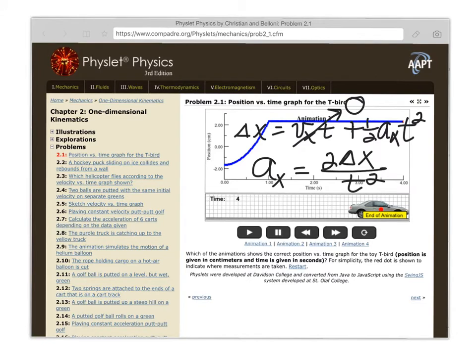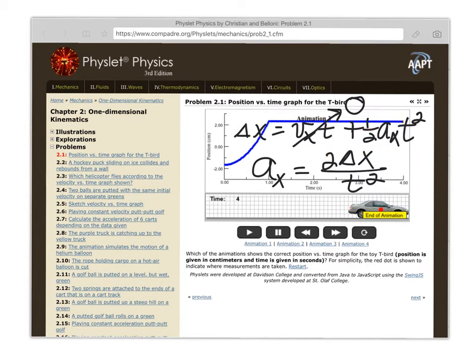This is very useful. You will use this so many times this semester and next semester. Equation 3. When an object starts from rest, the initial velocity is 0. Whoops, I wrote v x. It should be v x initial. And so this term is 0. And then we multiply both sides of the equation by 2.